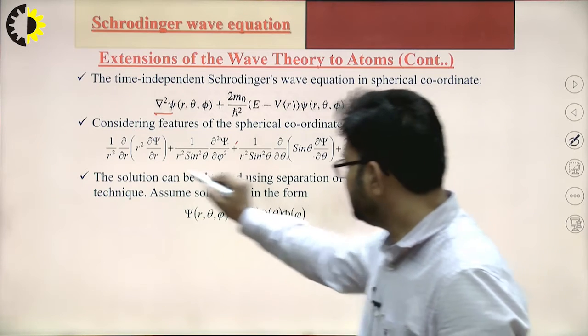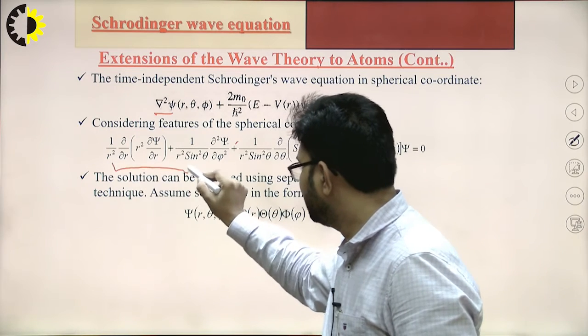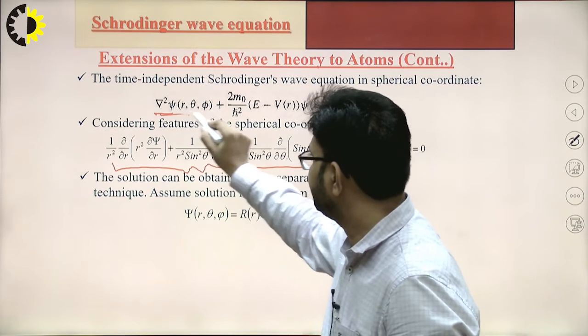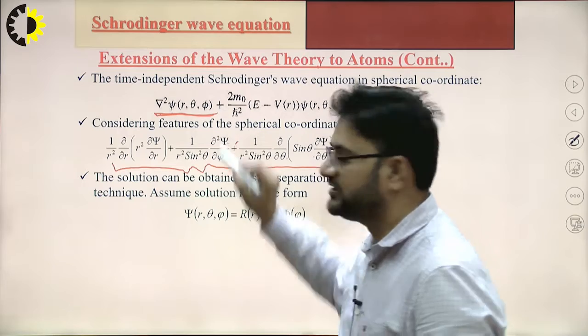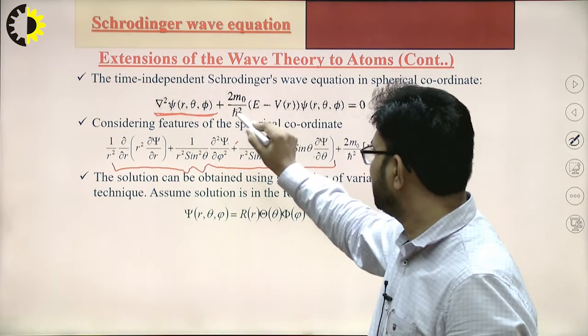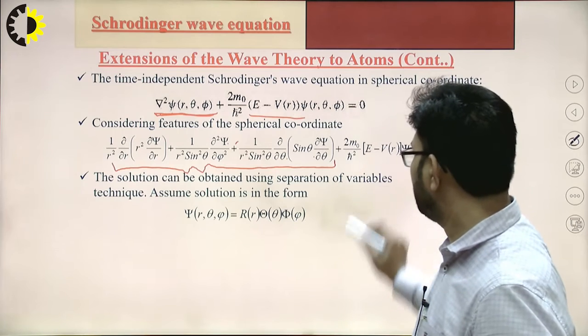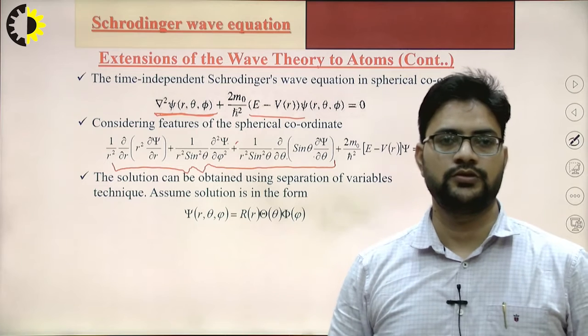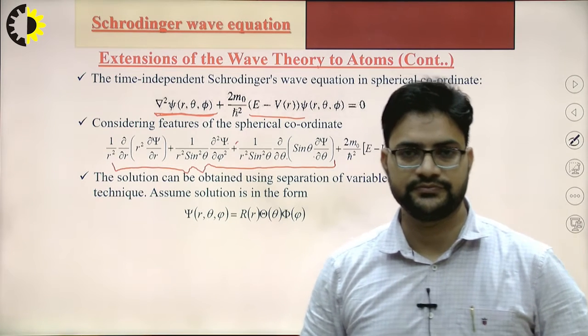This is the result obtained from this particular part of the equation. This is equal to minus 2 m naught divided by h bar square, E minus V of r, into psi.